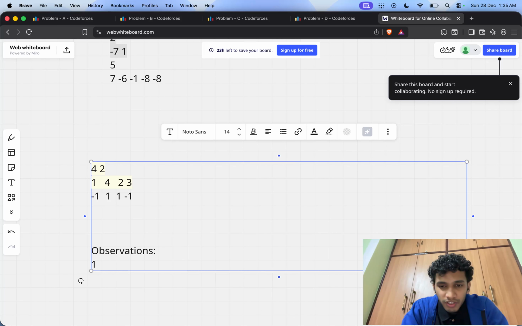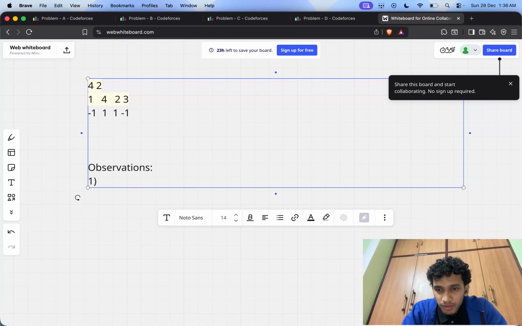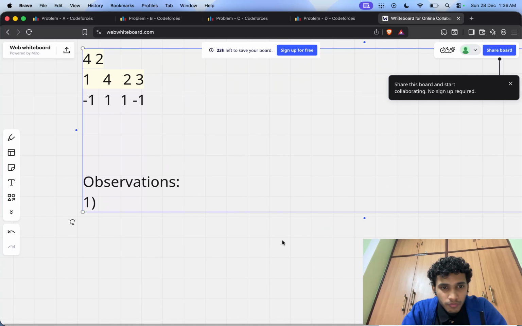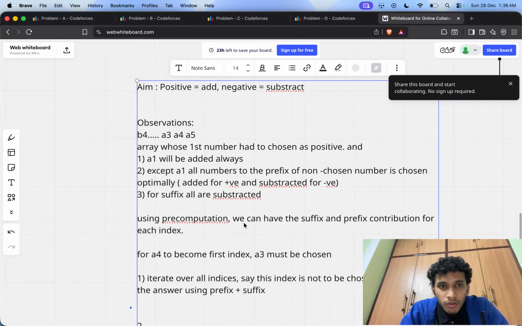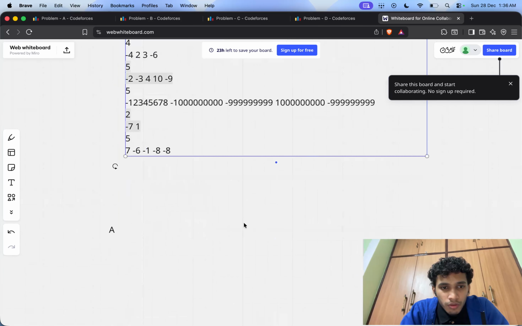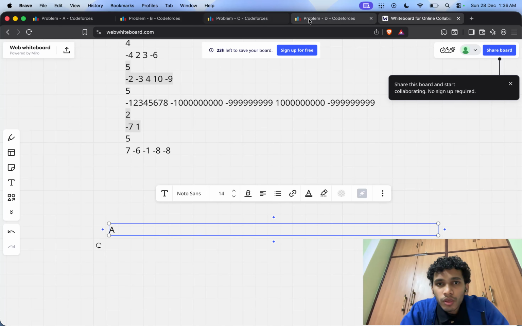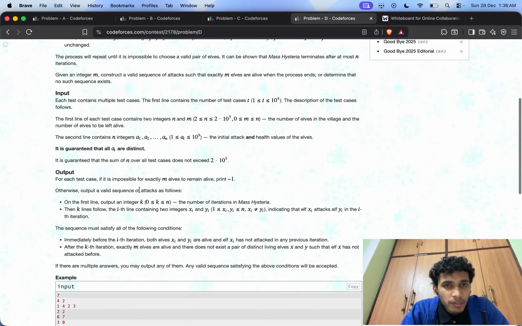The very first observation mentioned in the problem is that all elements are unique. Let's copy paste the test case again.